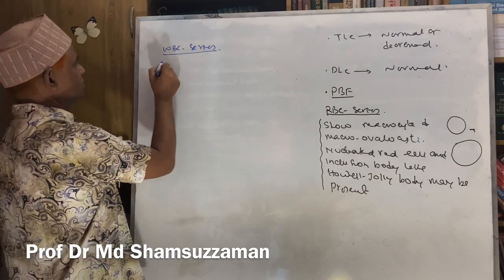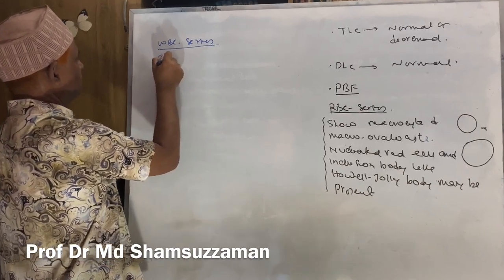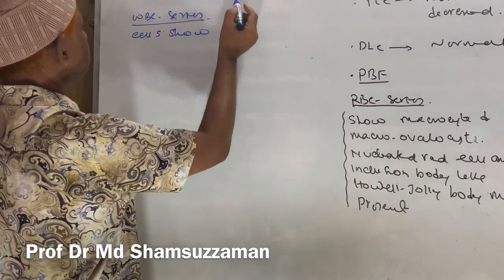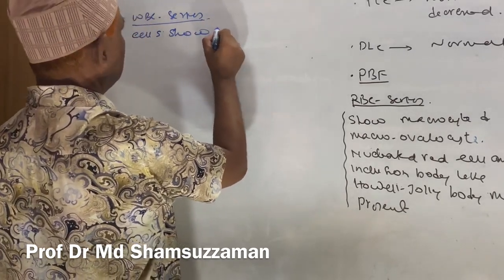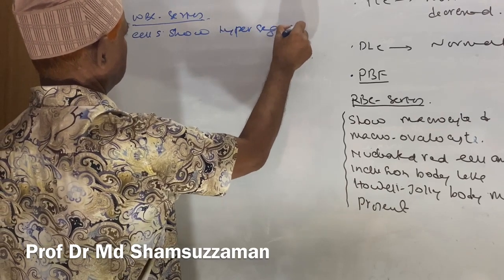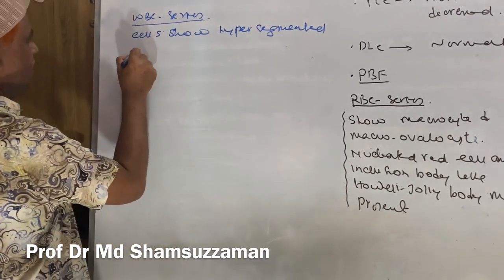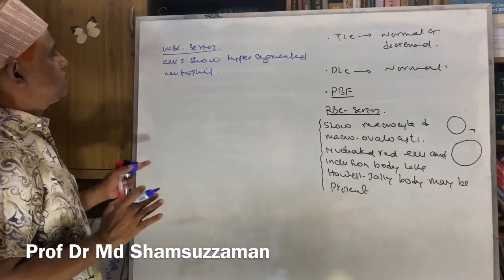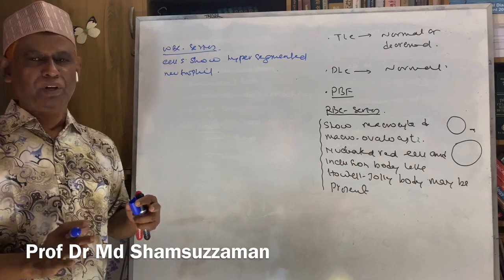The WBC series cells also show hypersegmented neutrophil.